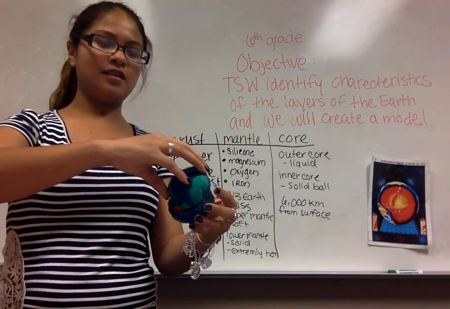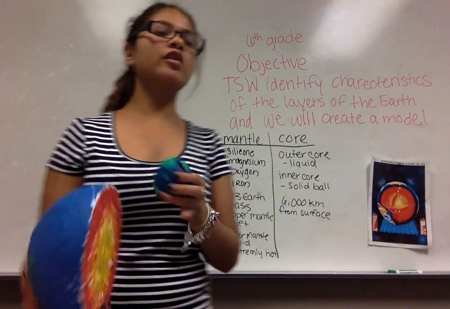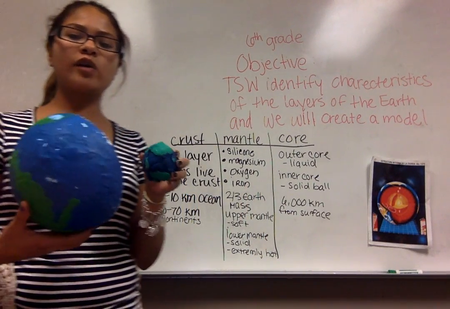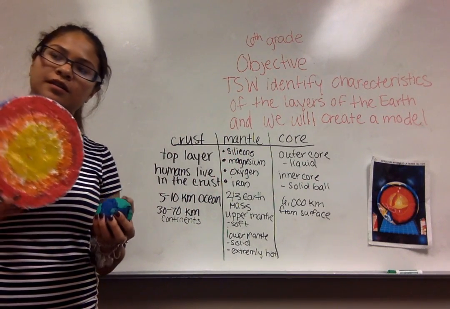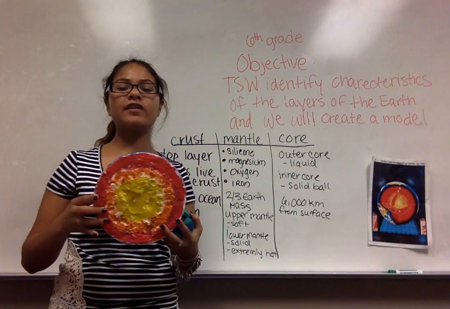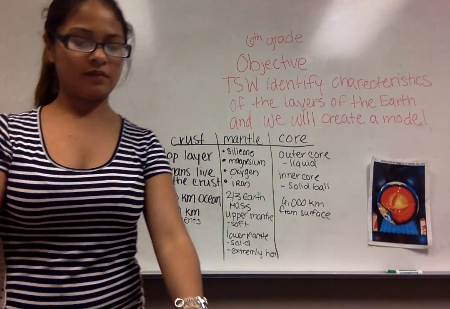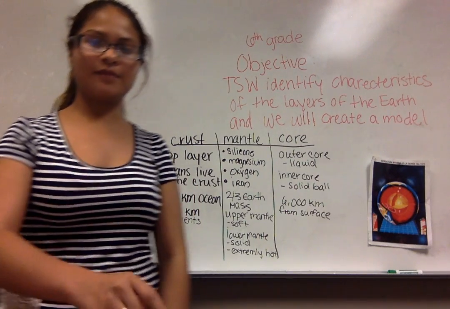Can you see? So this is what we're going to do. Now you know the characteristics of the Earth's layers, and now you are going to do a model. Do you have any questions? No? Okay, if you have any question, raise up your hand and I will walk around to help you.